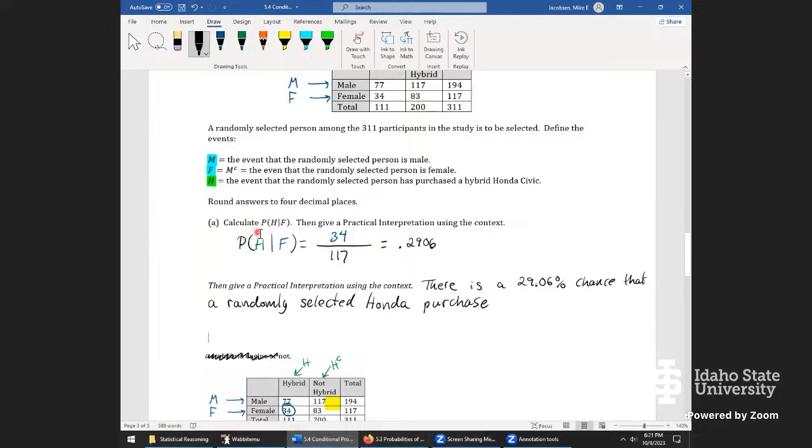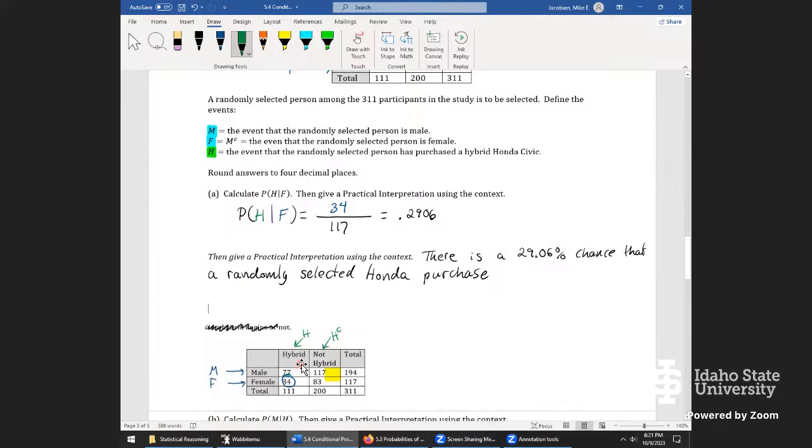So now let's go inside the probability statement. We'll say here, the H is referring to a hybrid engine. Follow the arrows down below right here where we set our H. So say the randomly selected Honda purchase was for a hybrid engine.